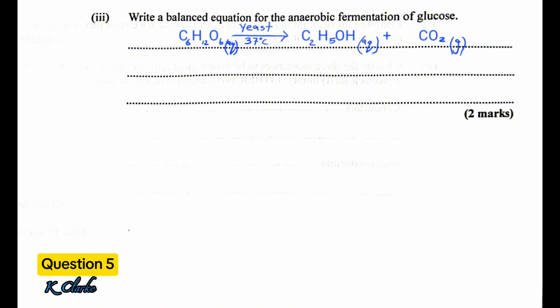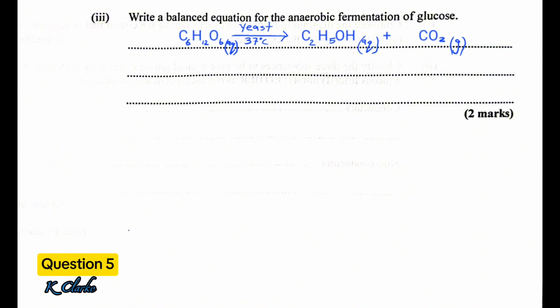This equation is not balanced since there are 6 carbons on the reactant side and 3 carbons on the product side. There are 12 hydrogens on the reactant side while 6 hydrogens on the product side. Also, there are 6 oxygens on the reactant side while 3 oxygens on the product side.